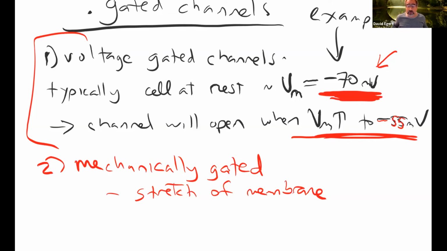They're responsible for all sorts of stuff like that. So that's another way we can gate a channel, is just physical. This is just a physical stretch of the membrane that opens the channel. When the channel opens, ions can cross, and when ions move, if you remember from the first week, electrical current is just moving charge. So as soon as we have ions moving across the cell membrane due to an opened channel, that's an electric current. That's signaling in your nervous system in a lot of cases.